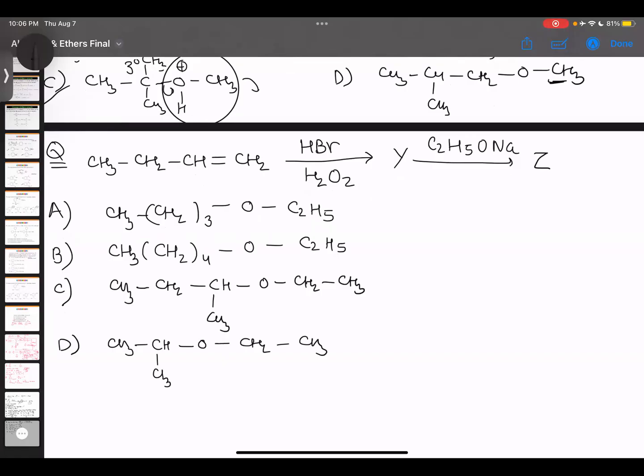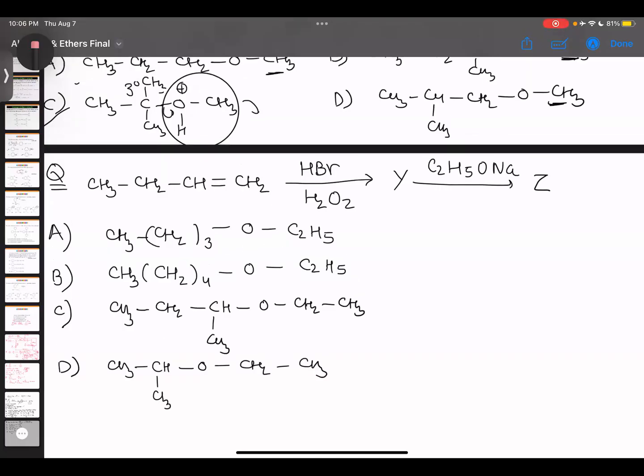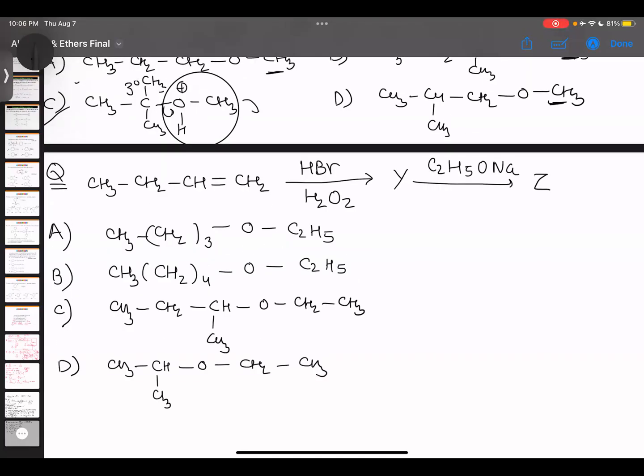Be careful in counting the number of carbon atoms. That is where it can go wrong. This is also from a NEET PYQ.